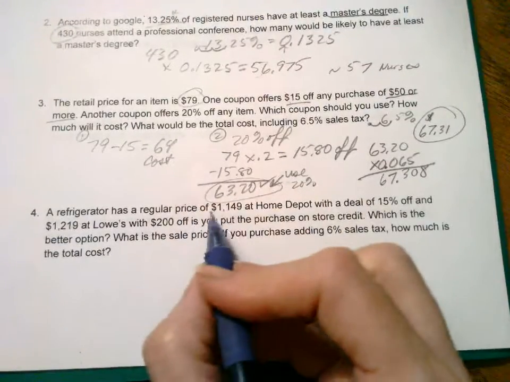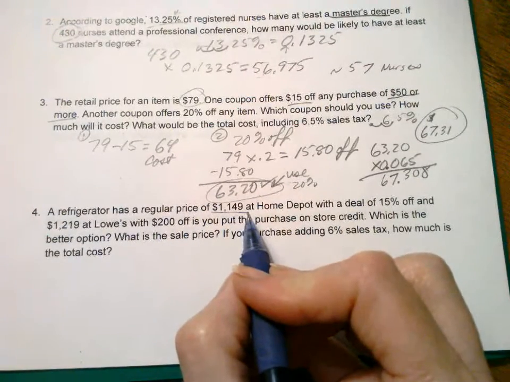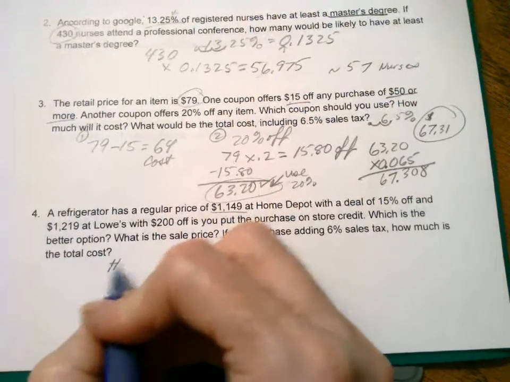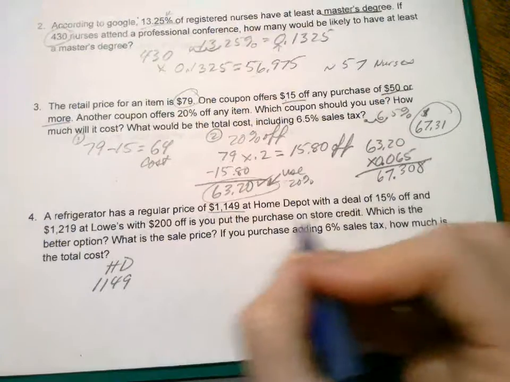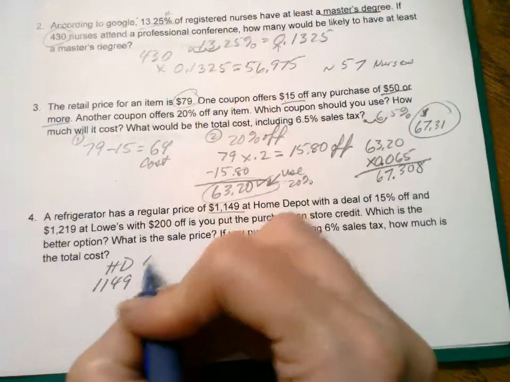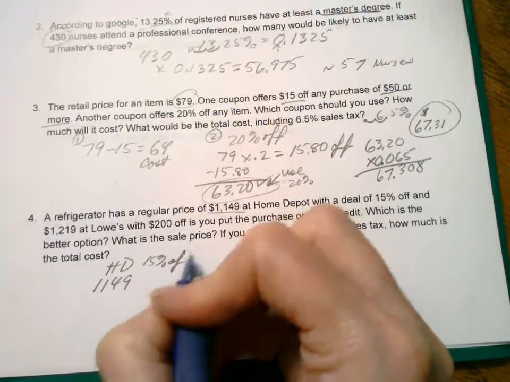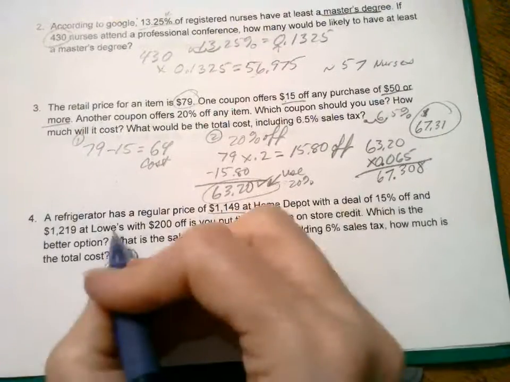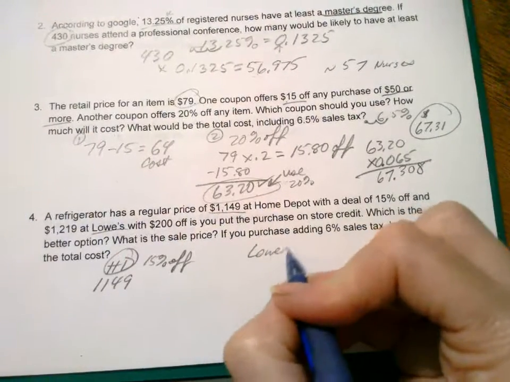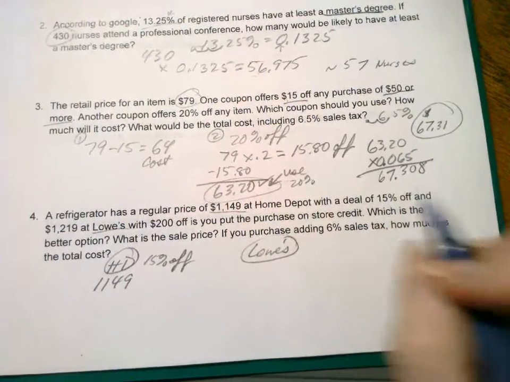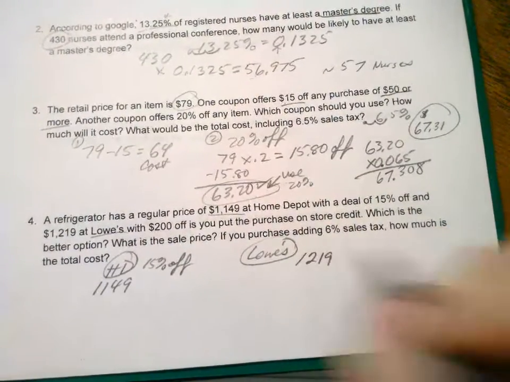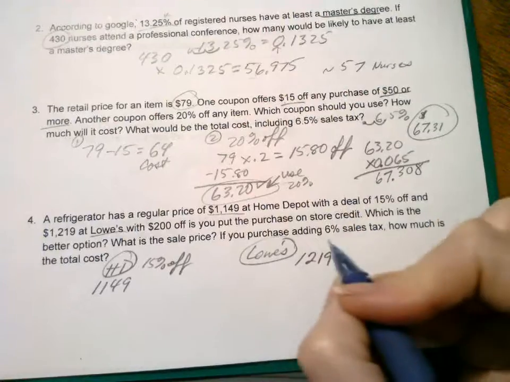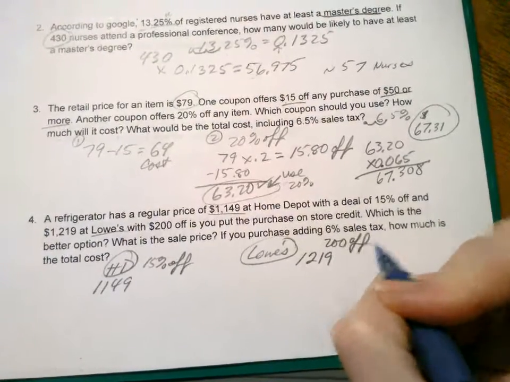Last one, a refrigerator is this much at Home Depot, with 15% off. Then there's a Lowe's option, and it has a different cost at Lowe's with $200 off.